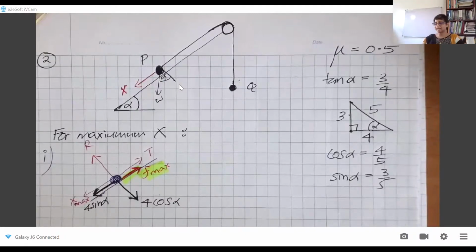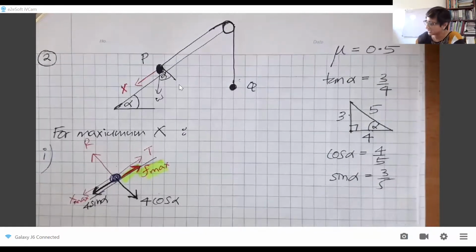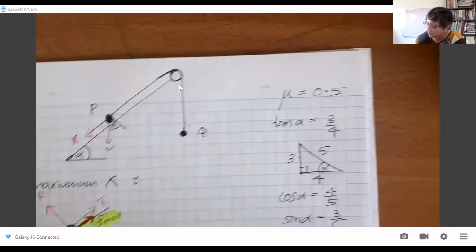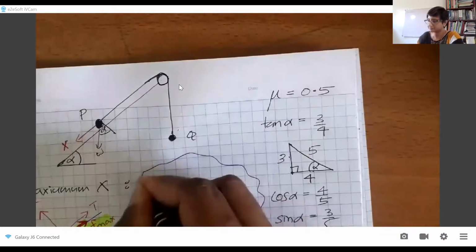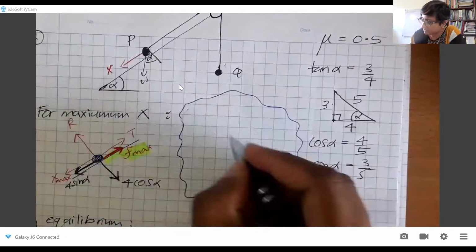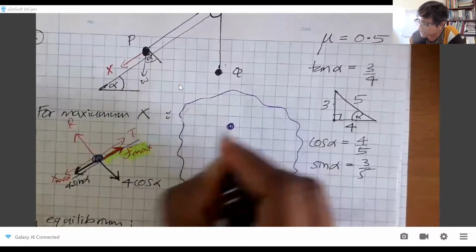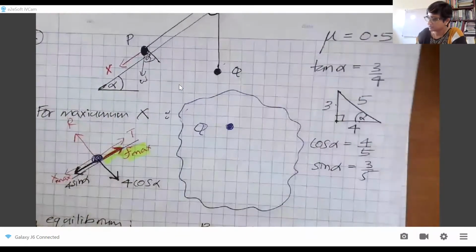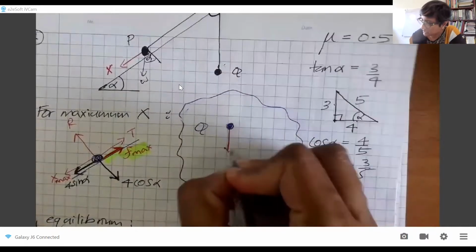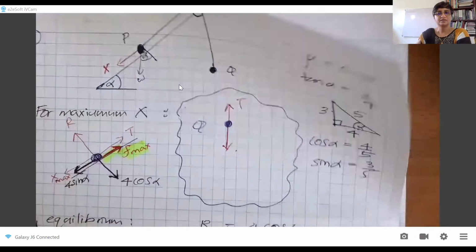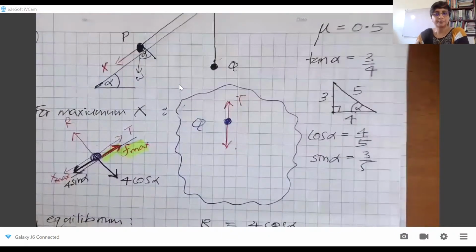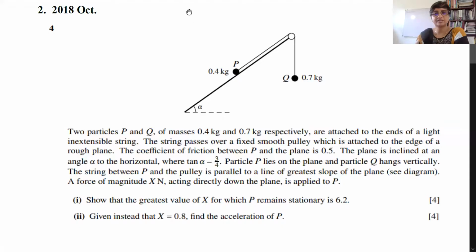Very good. Take Q. Quickly consider, shall I do it on the side here in a little bubble? I'm drawing a free body force diagram for Q. This is Q. It has only 2 forces, tension upwards, and what's the weight of Q? 0.7, so it's 7.